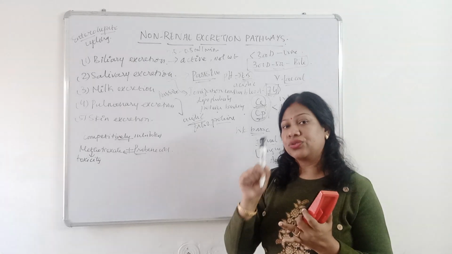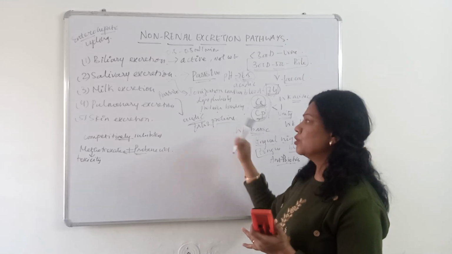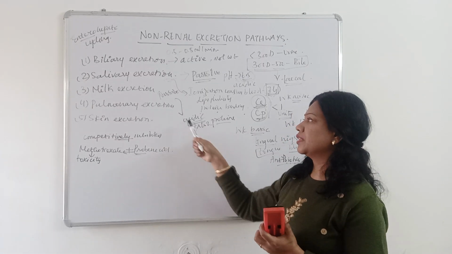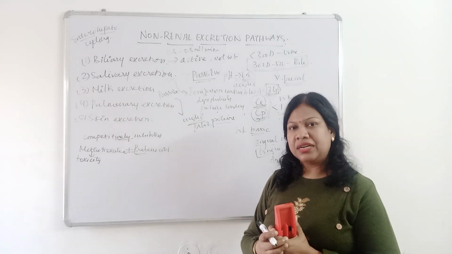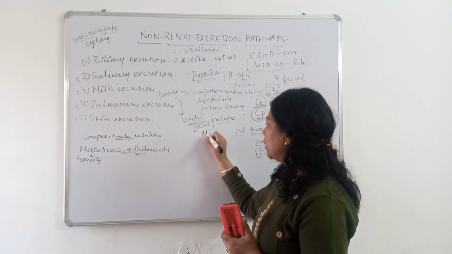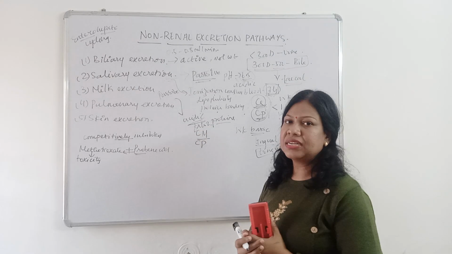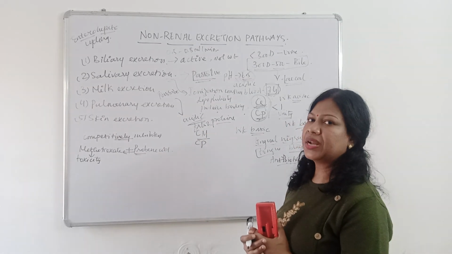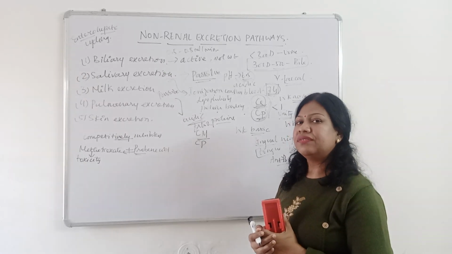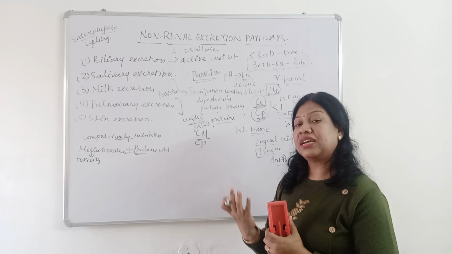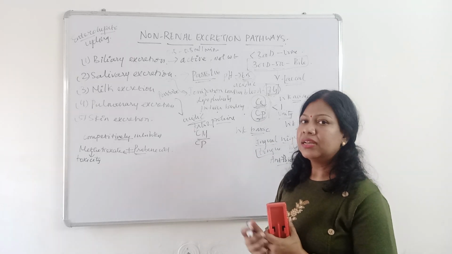Milk contains fat, so the lipophilicity of the drug matters. It also contains proteins, so protein binding of the drug may affect milk excretion. When you consider the M/P ratio, that is the concentration of drug in milk to the concentration of drug in plasma, acidic drugs will be excreted less in milk, whereas basic drugs will be excreted more in milk.